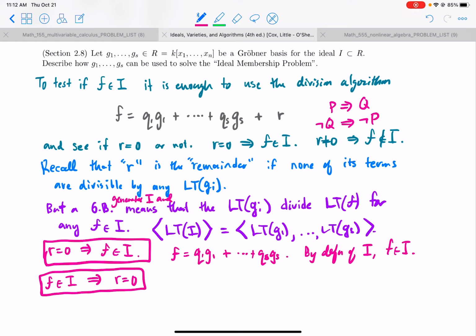So let's see. I need to show that R. Okay, so let's assume that F is in the ideal, right? Say F is in the ideal. Now say that R was non-zero, and we'll show that it really has to be 0. Or, I don't know, I'm just going to do some calculation.